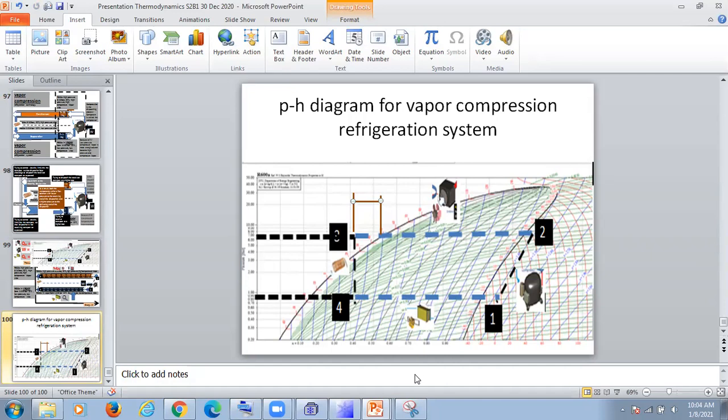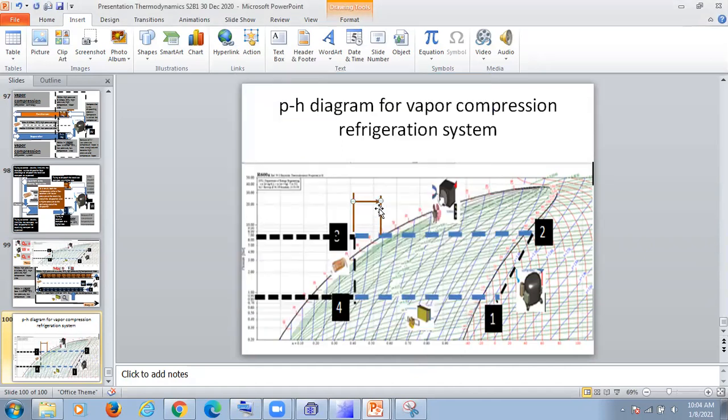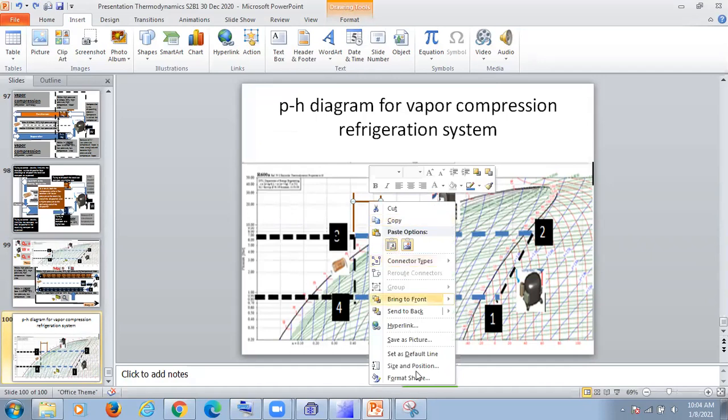I put a direction here, end point, like this. Oh, sorry. So this should be, yes.